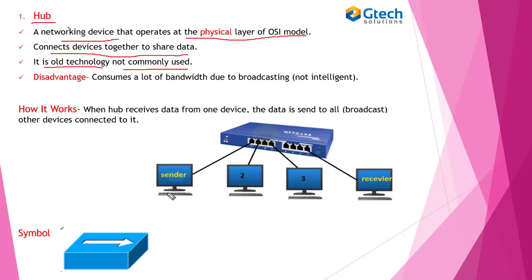The disadvantage of using a hub is that it consumes a lot of bandwidth due to broadcasting. Broadcasting means whenever this computer sends data through the hub to this computer, the hub will send the data to all the computers that are connected to it.